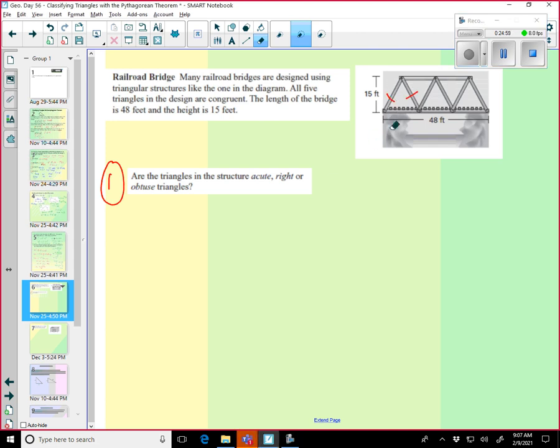We just have to figure out about this particular side. And this is 48 feet and this is 15 feet.